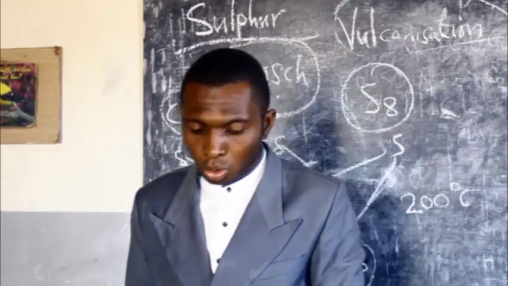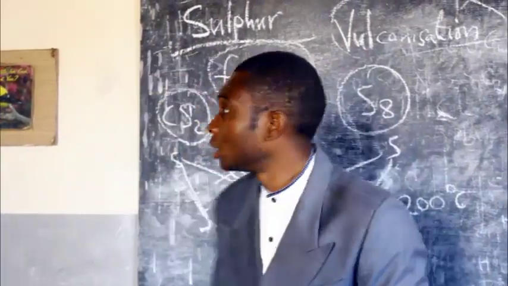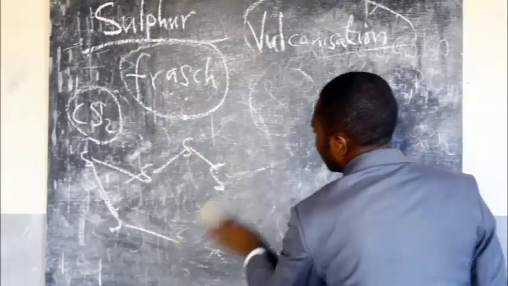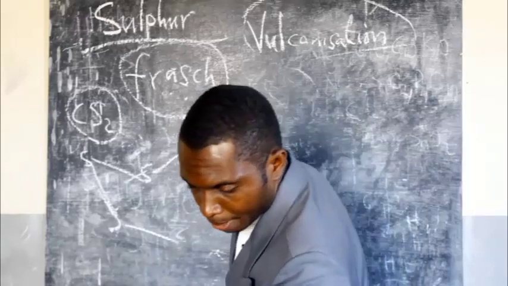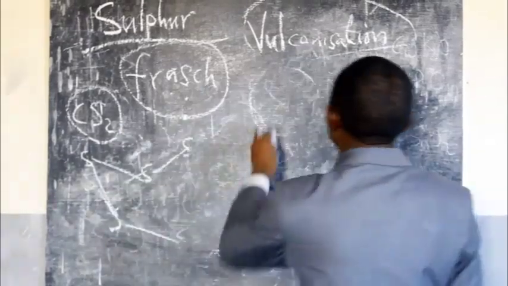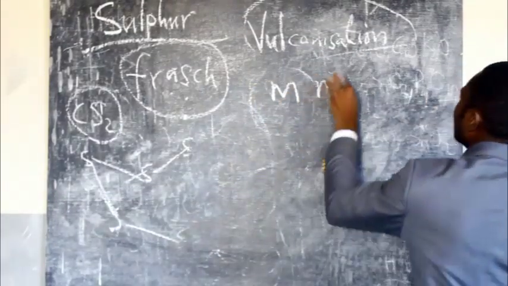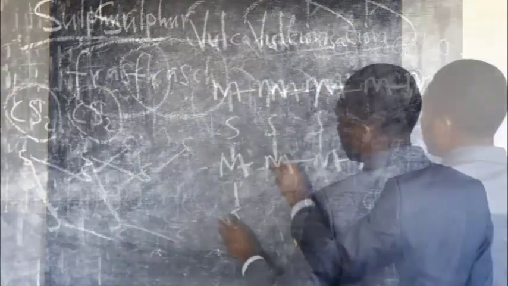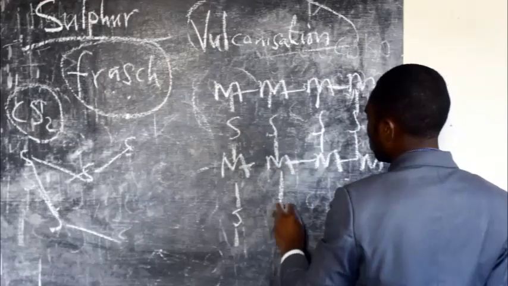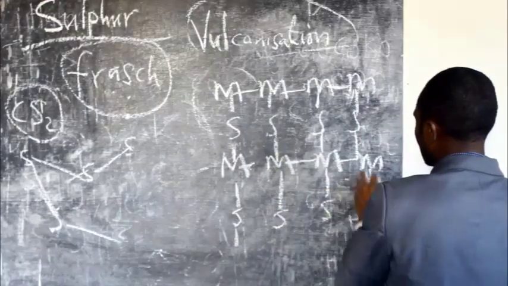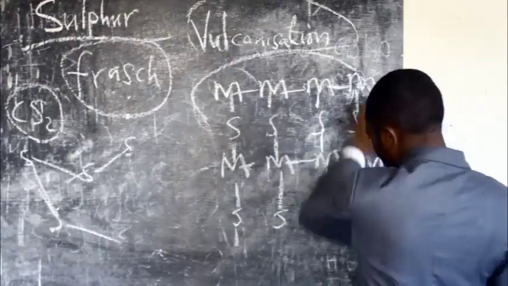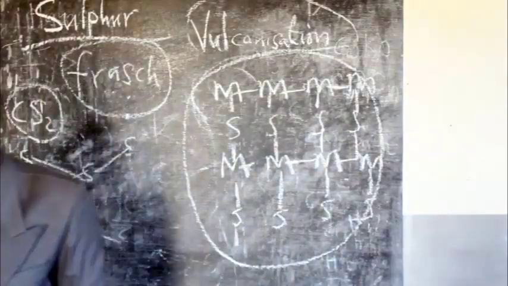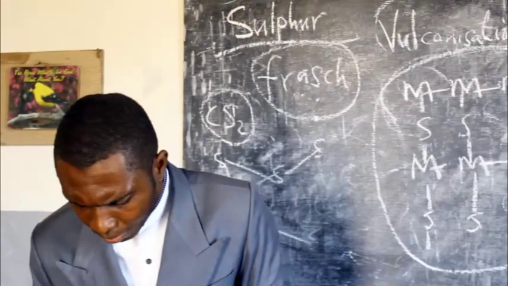Are you hearing me? That is vulcanization. Sulfur is used in the vulcanization of rubber. That's the hardening of rubber.